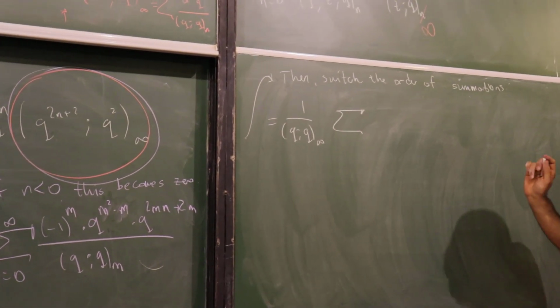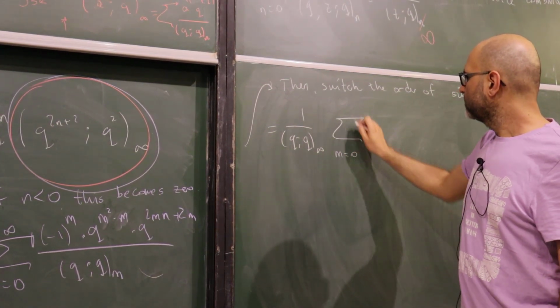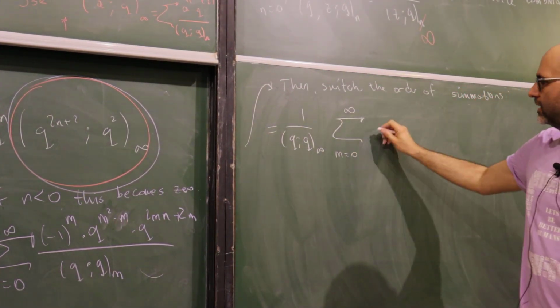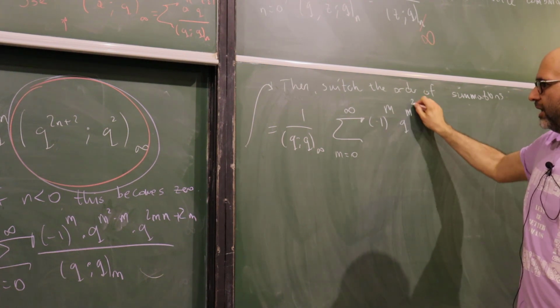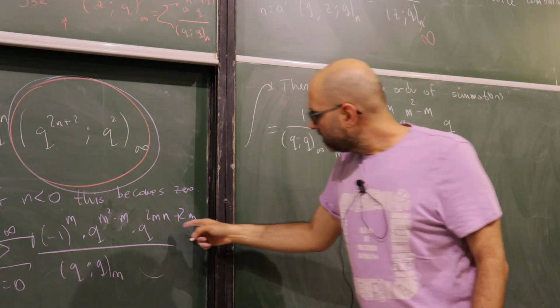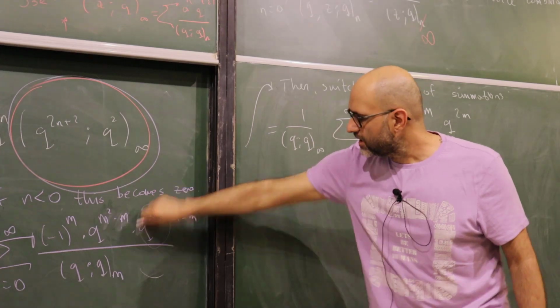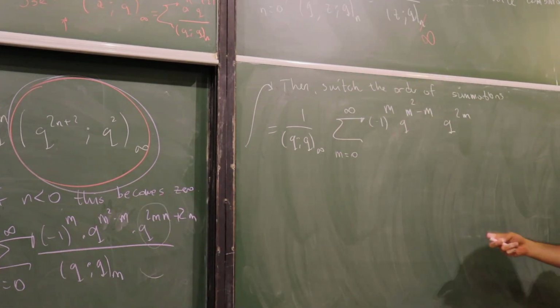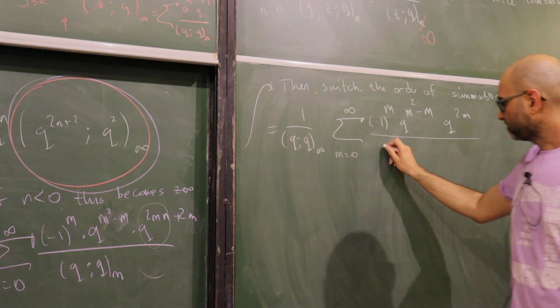We may need to do some shifting at some point, but we will see. From m equals 0 to infinity, minus 1 to m, q to m squared minus m, q to 2m. This has to stay inside the inner sum. It depends on both indices.